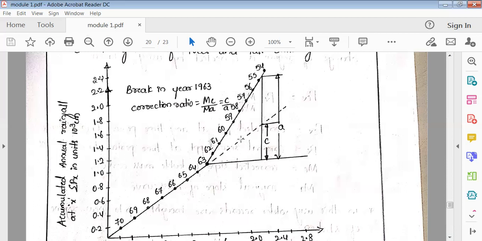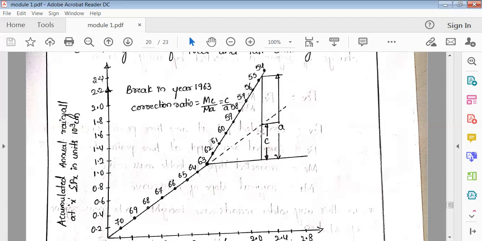We just draw this linear line as such, and up to a certain height, we'll mark this as point C. Okay. Then we have to measure the correction ratio. So correction ratio is nothing but MC, that is mass C, this portion, divided by MA.